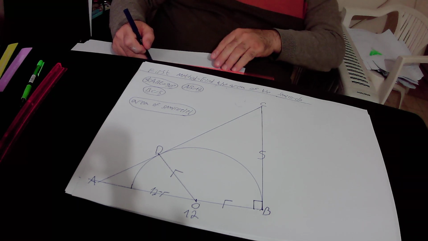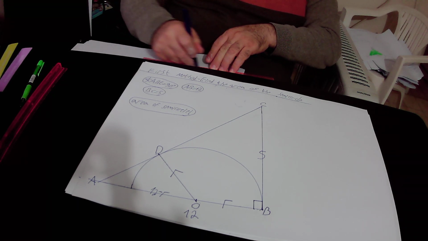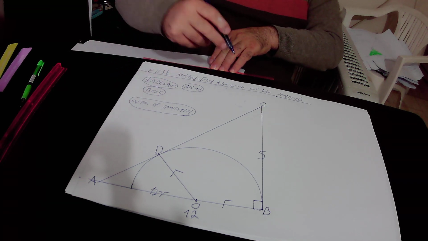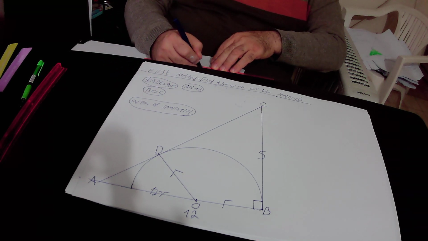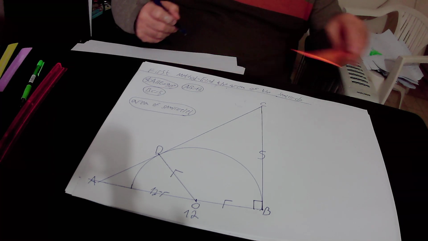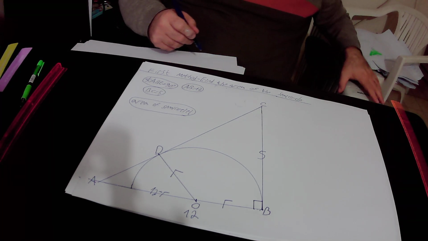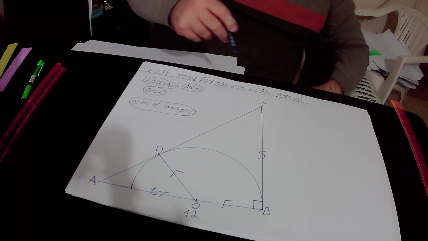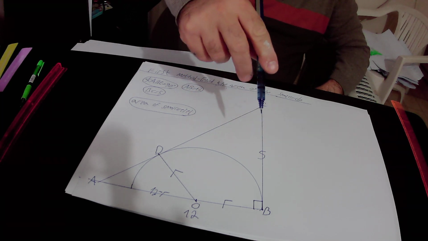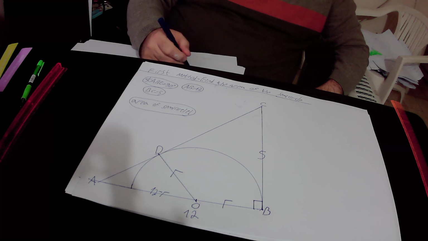The hypotenuse of the right triangle ABC is CA, so the square of the hypotenuse is CA squared, and it equals the sum of the squares of the perpendiculars. That is to say, it equals CB squared plus AB squared.